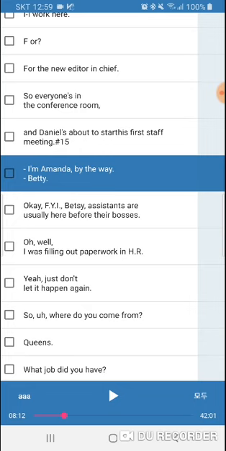Daniel's about to start this first step meeting. Daniel's about to start this first step meeting. Daniel's about to start this first step meeting. And Daniel's about to start this. And Daniel's about to start this first step meeting. And Daniel's about to start this first meeting. And Daniel's about to start. And Daniel's about to start this first meeting. And Daniel's about to start this first meeting. And Daniel's about to start this first meeting. And Daniel's about to start this first meeting. And Daniel's about to start this first meeting. And Daniel's about to start this first meeting. And Daniel's about to start. And Daniel's about to start. And Daniel's about to start this first meeting.